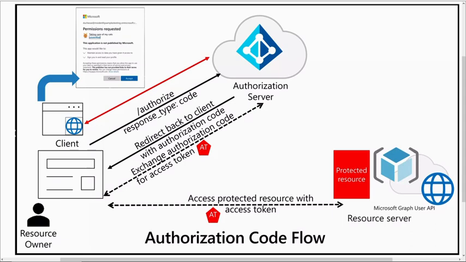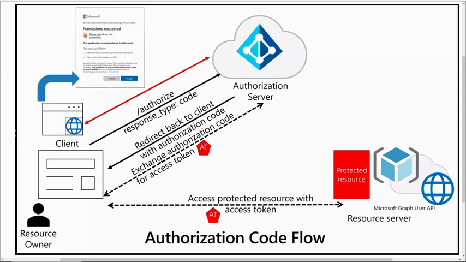However, it's still difficult to use because when you look at this, it tells you here authorize, response type, redirect back, authorization client, access token, and it's hard to understand what is going on here. How does it work? How does this log on? So this video will simplify it and explain to you how it works and show you a simplified example of it working.